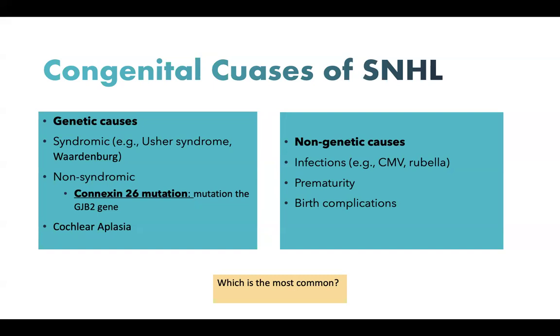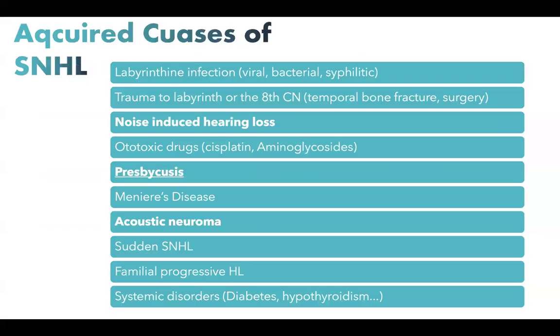The non-genetic causes could be infections, for example congenital CMV or rubella. Prematurity also causes sensorineural hearing loss, or any birth complications. Which is the most common cause of congenital sensorineural hearing loss? We could say the connexin 26 mutation gene, up until this moment.